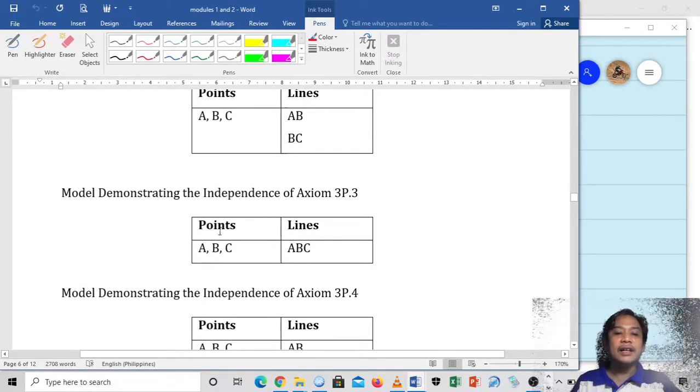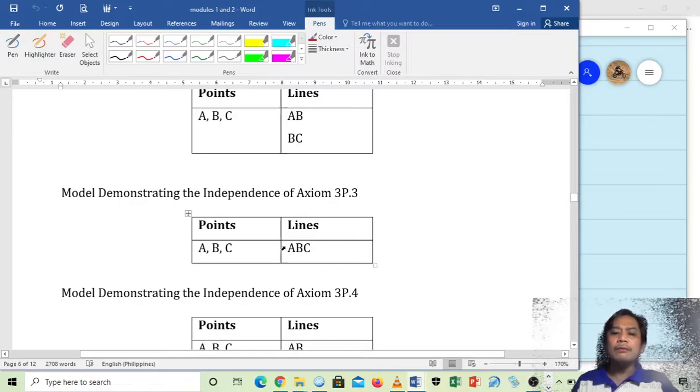Next, here we have the model demonstrating the independence of axiom 3p.3. Here we have the points A, B, and C, and there is only one line, ABC. Clearly, axiom 3p.1 is satisfied. And then axiom 3p.2, which states that every pair is on one line.